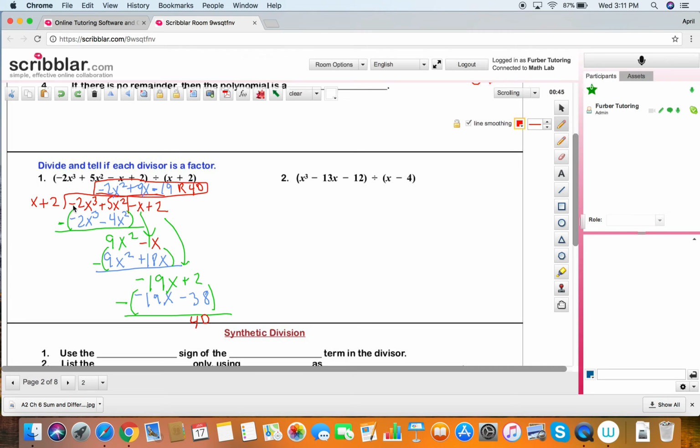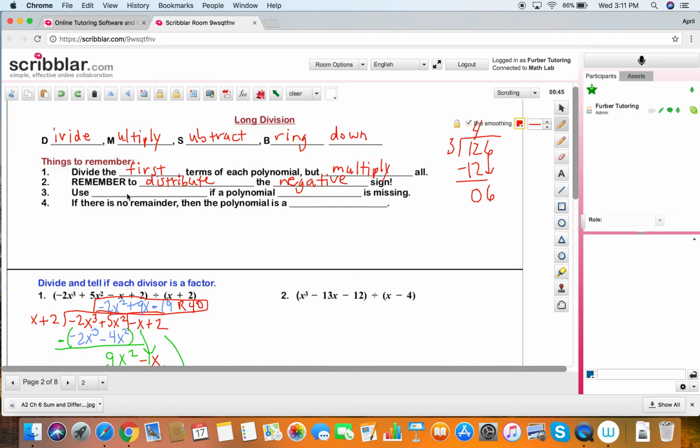So if I were to try to factor this using x plus 2 as a factor, you would have this remaining. Okay? You'd have this with a remainder of 40. So here's the important factor, okay? I'm going to skip step number 3 for a minute because that's only going to apply to number 2. If there is no remainder, then the polynomial is a factor. Just like up here, when I did the division, I had a 0 remainder.